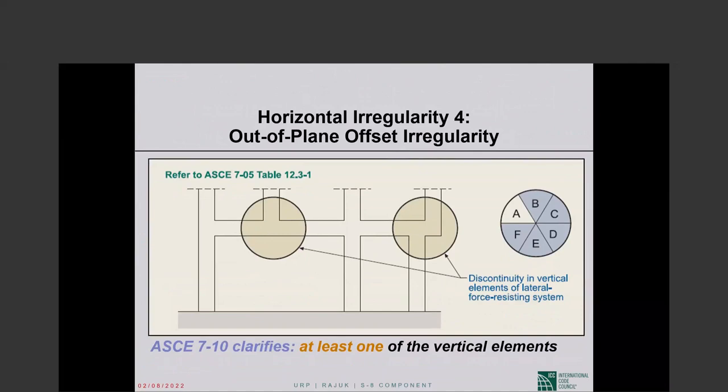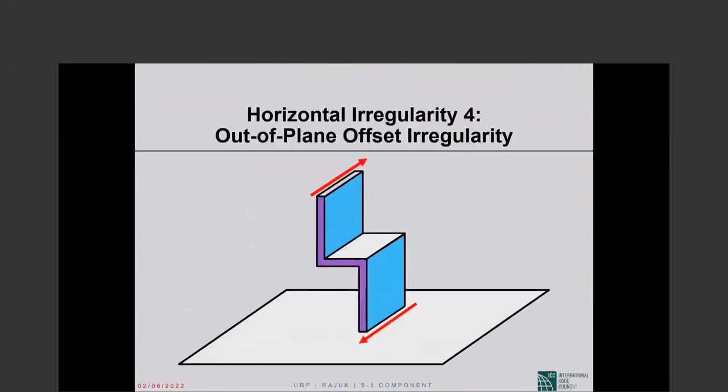Next, type 4 is out of plane offset irregularity. And I think the pictures are quite clear. ASCE 7-10 clarifies that at least one of the vertical elements has an offset. So discontinuity in vertical elements of the lateral force resisting system. This is a very graphic picture that comes from FEMA.